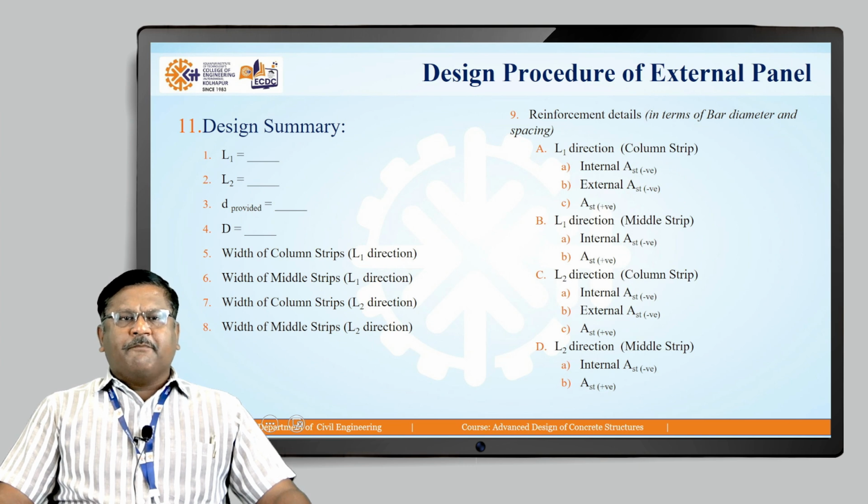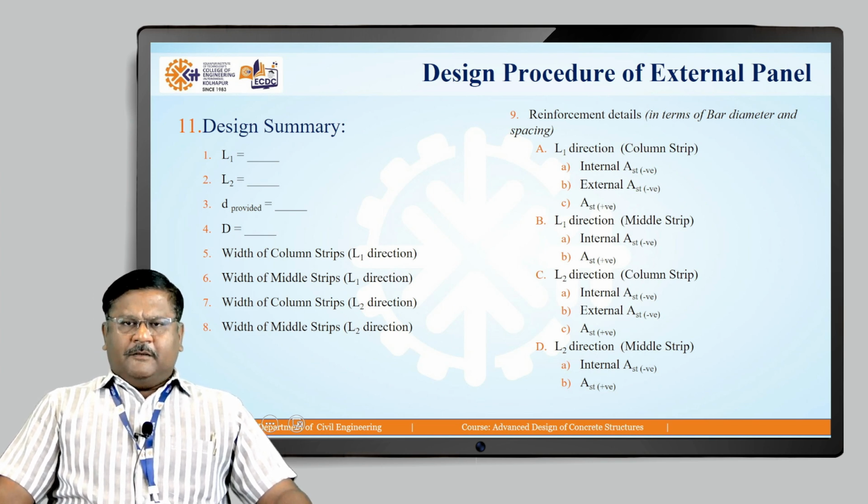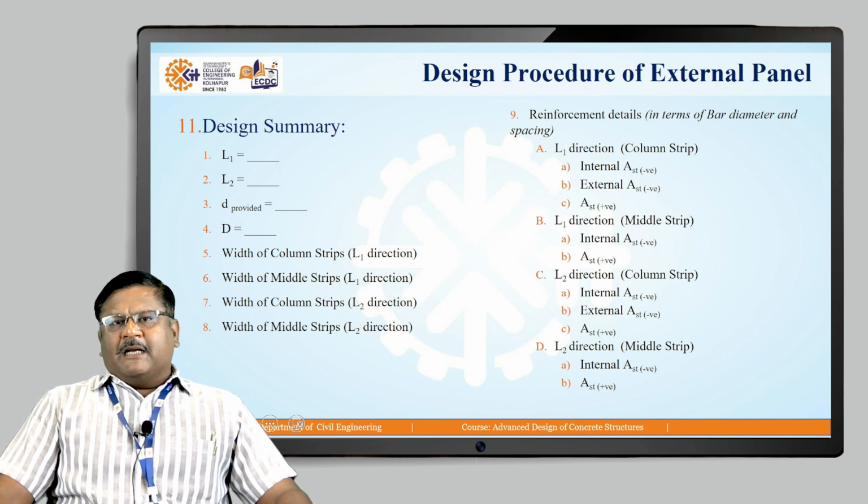Design steps, the 9 points are most important. First, longer span of the slab, shorter span of the slab, D provided, capital D provided, width of column strip, width of middle strip in both directions, and then reinforcement details. Now, while writing the reinforcement details, as we discussed in the last lecture, you want to write the reinforcement detail in terms of bars at spacing.